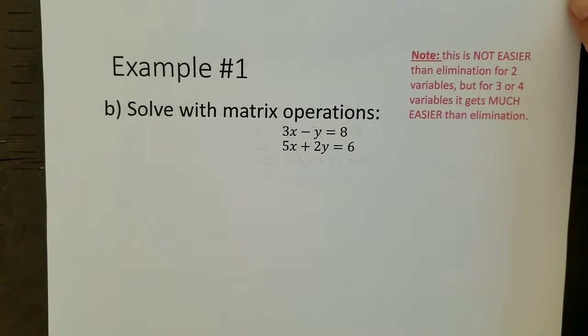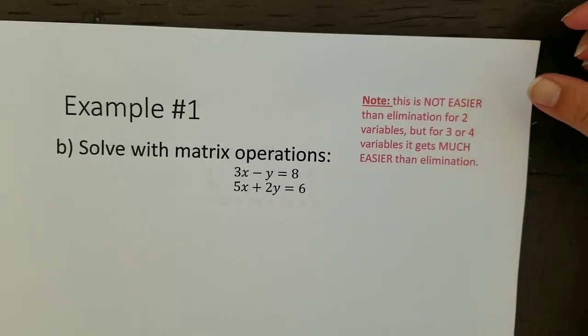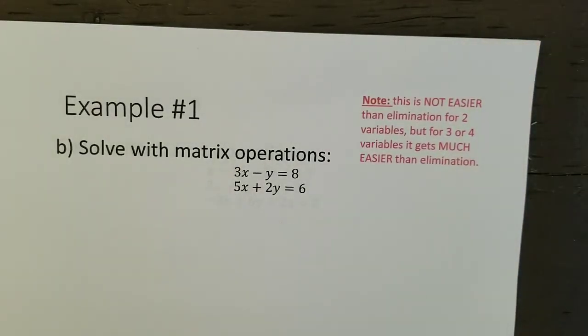Now, just take note up here, it says it is not easier than elimination. It absolutely isn't. Nobody would actually use matrices to solve a 2 by 2 system. That means 2 variables and 2 equations. But if you had 3 variables and 3 equations, matrices starts to get a lot easier.